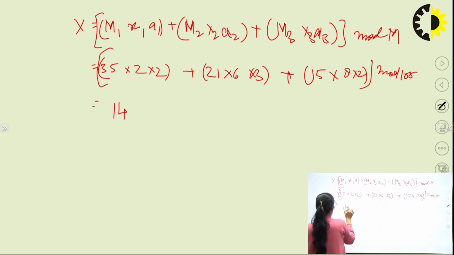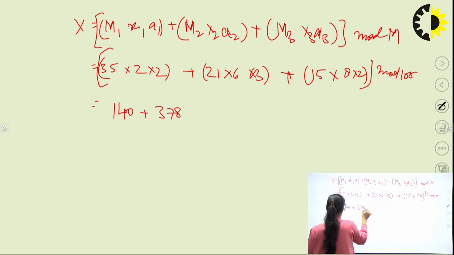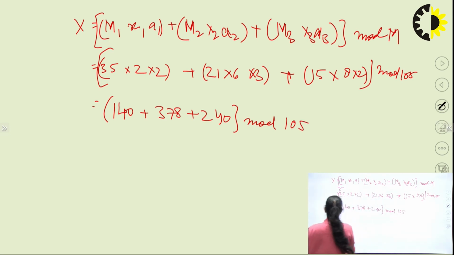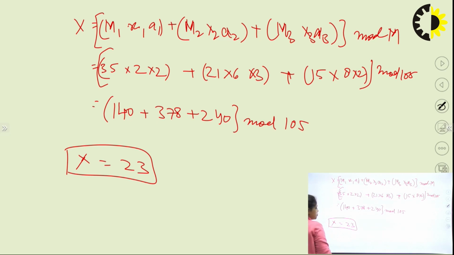So now the values are 140 plus 378 and so on. After calculations, you can easily find all these values mod 105. And finally, the value of X is 23.